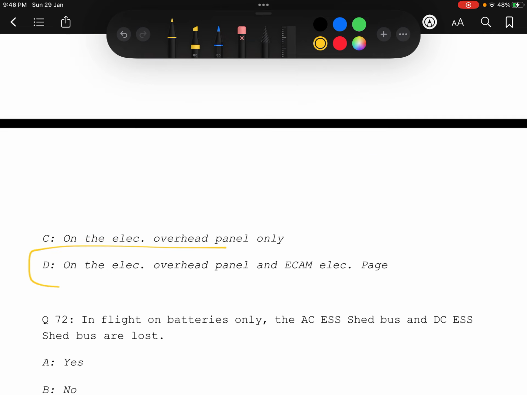So what will happen? The other TR will automatically replace the faulty one, and the essential TR supplies the AC essential bus.